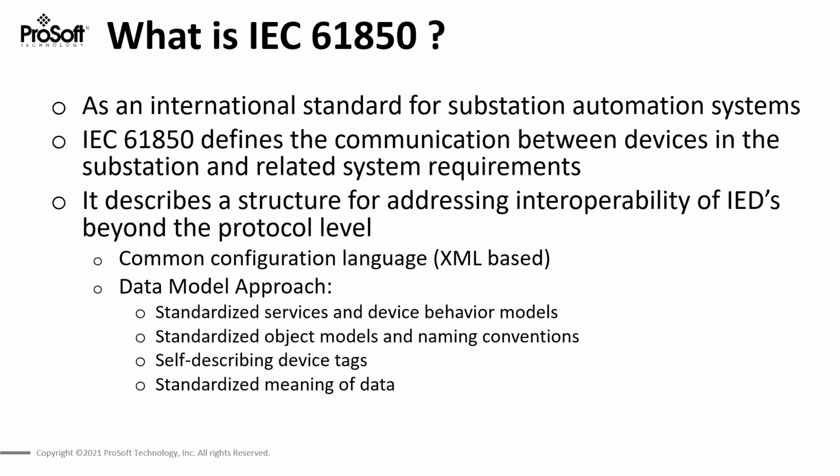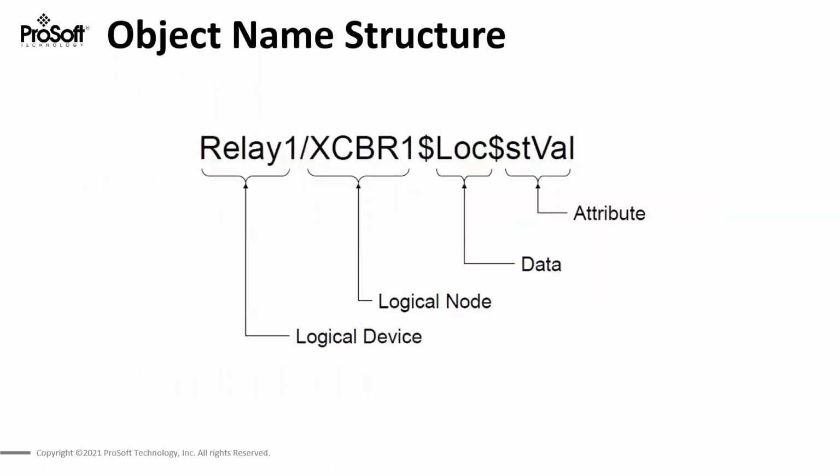When I look at the self-descriptive tags, it's something like this where you've got a logical device, which in this case could be your protective relay. You've got a logical node, something like an XCBR, and there are several of these logical nodes defined in the protocol. Then there's the data, and then there's the attribute.